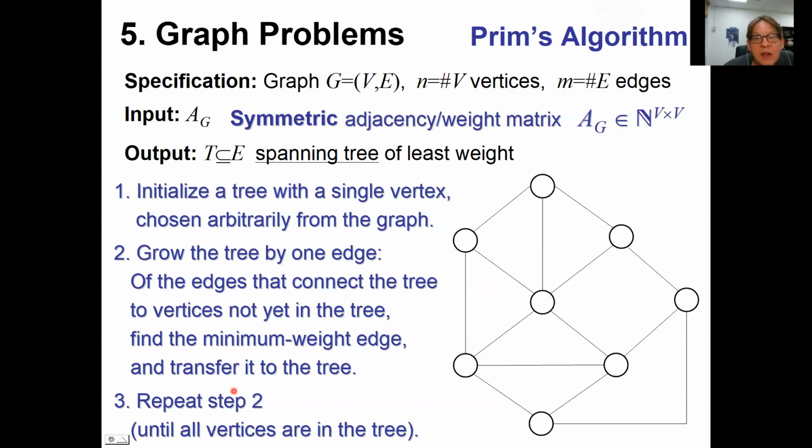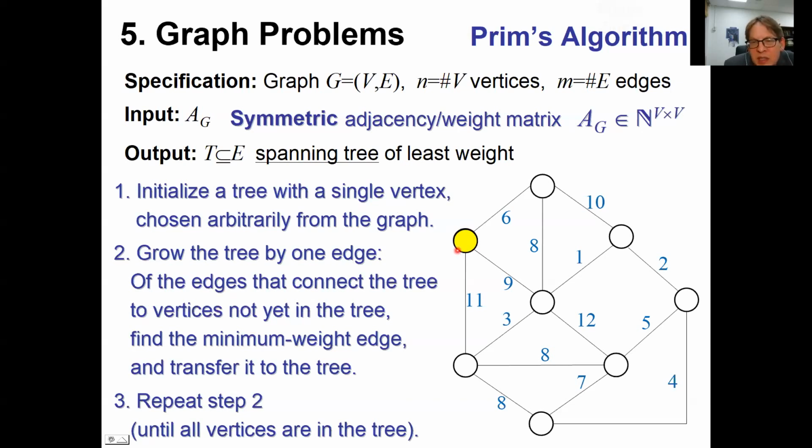So here you see a graph, and here you see weights assigned to the edges of the graph. Let's consider an example run of Prim's algorithm on this graph, starting, let's just say, at this vertex. So what will Prim's algorithm do here? It will consider all edges that connect the tree to vertices that are not yet in the tree. Initially, the tree is trivial, right? This is a tree.